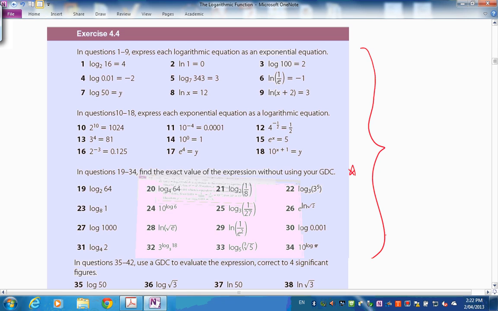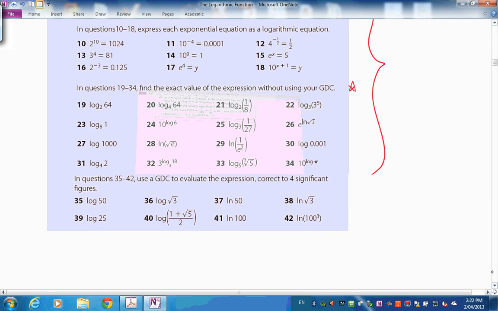I'm going to scroll down there in a minute. And then we'll just display these others here. Questions 35 to 42, you use a calculator for these. So freeze the presentation at those various stages and have a go. I'm going to go down now and look at the solutions.